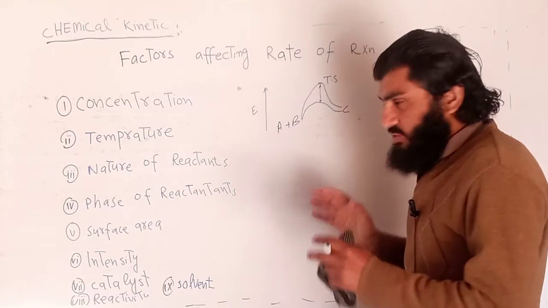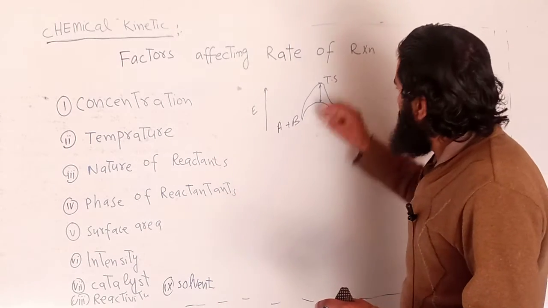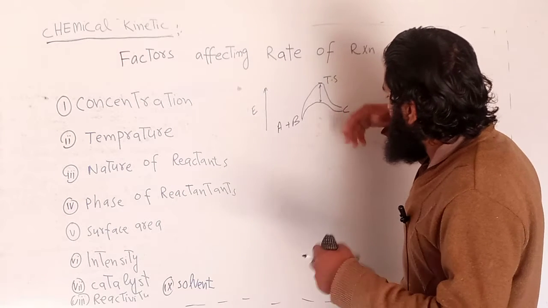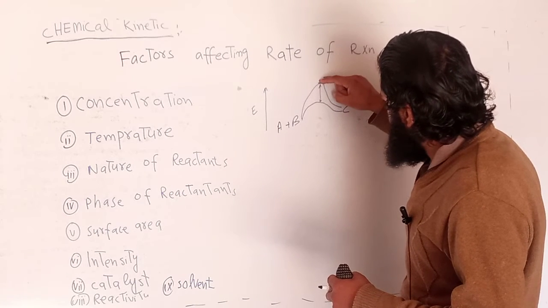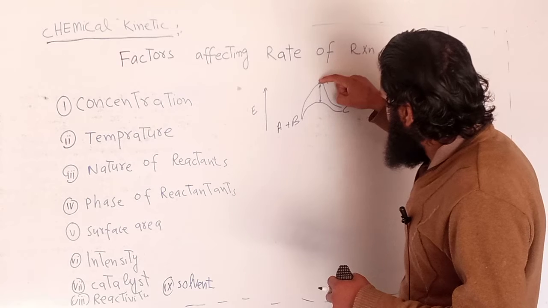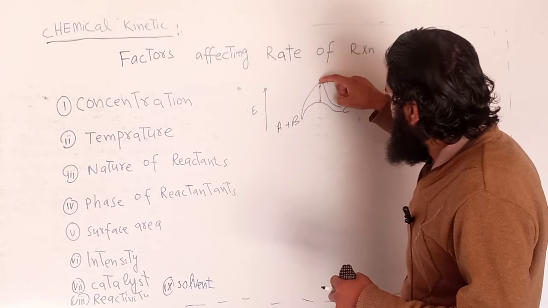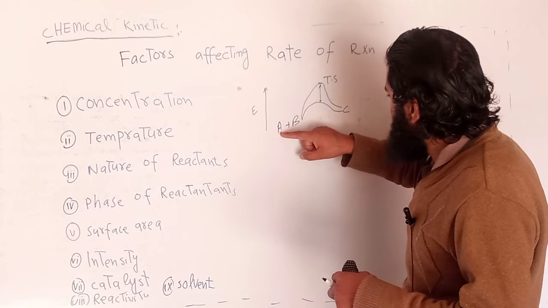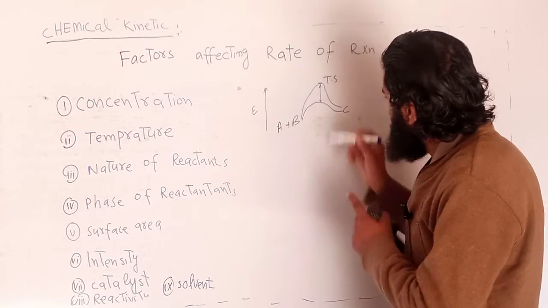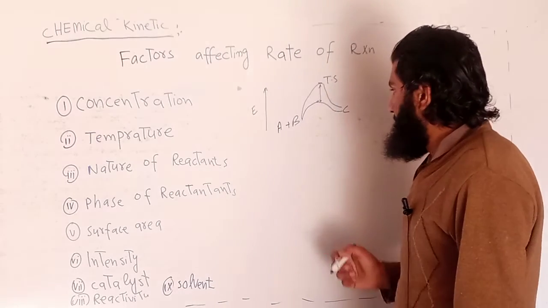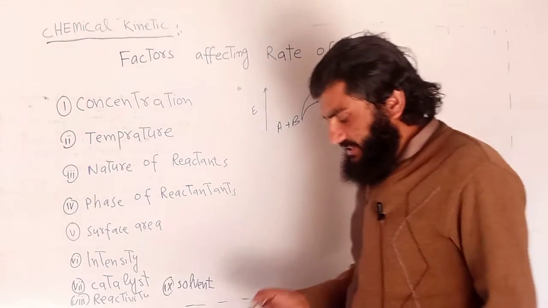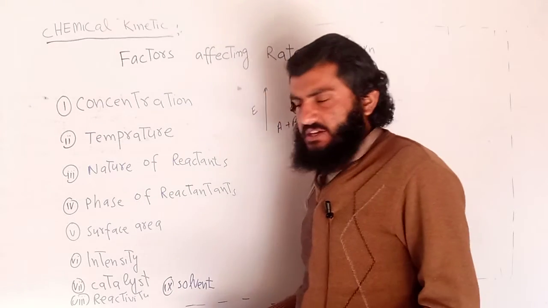If there is no catalyst, we will give energy up to that point. But if we use a catalyst, we will give energy to A and B only up to this lower point. It means the catalyst decreases the activation energy.